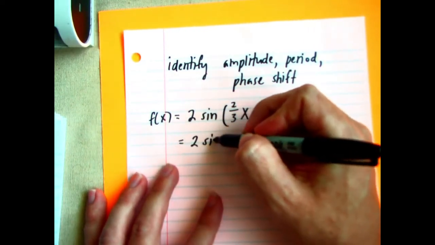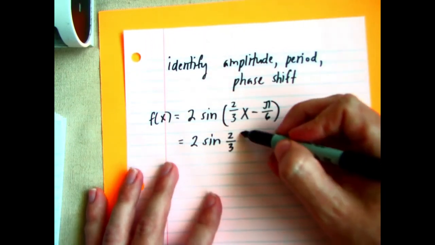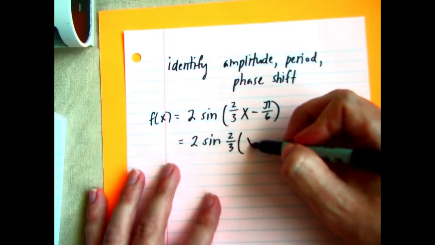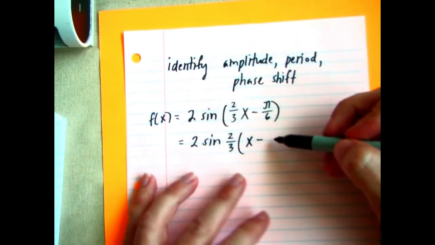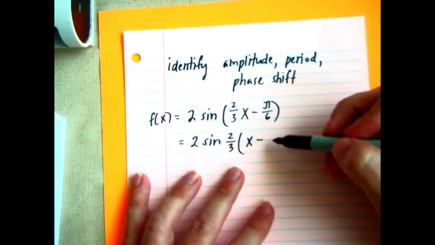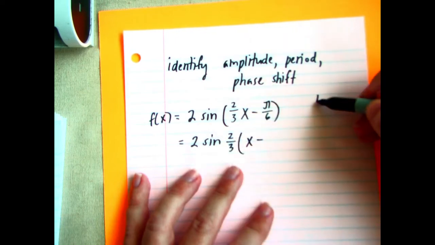So I need to factor something out to get just x in the parentheses. I need to factor out 2/3. So when I factor out 2/3, I'm left with parentheses x minus something. So what is that something?